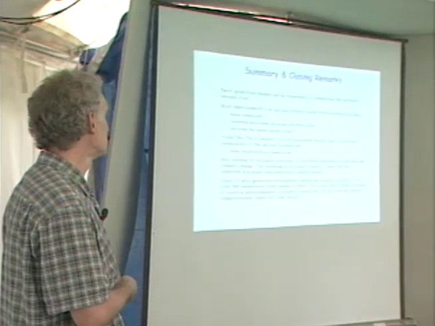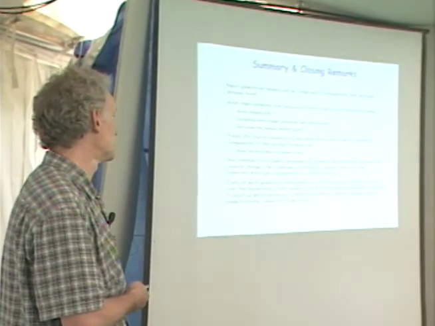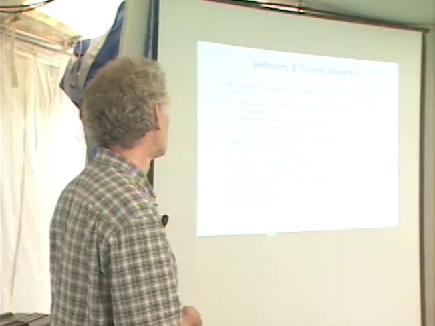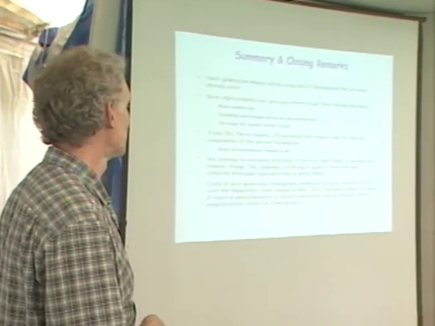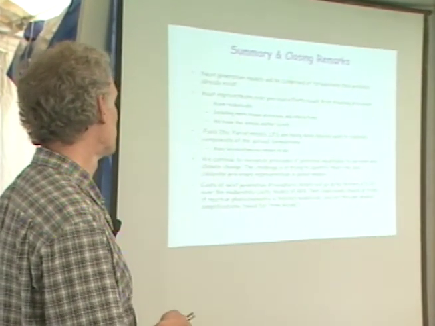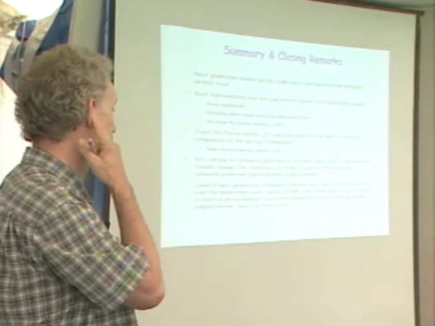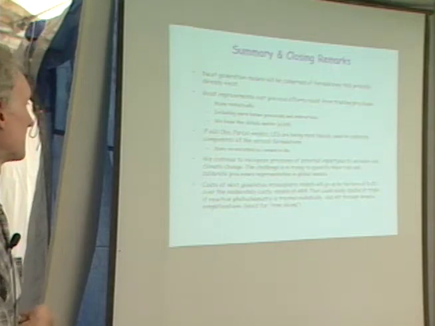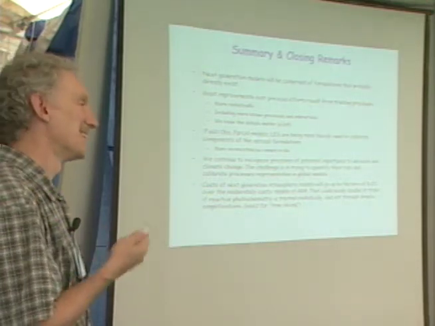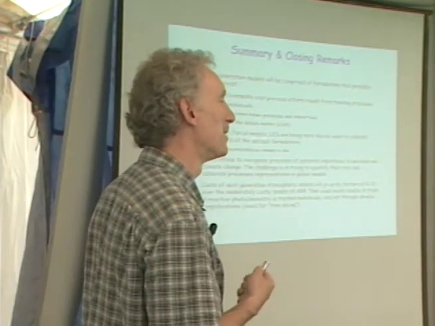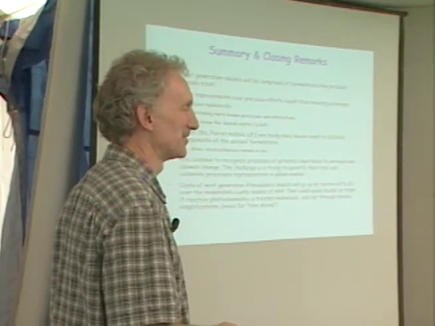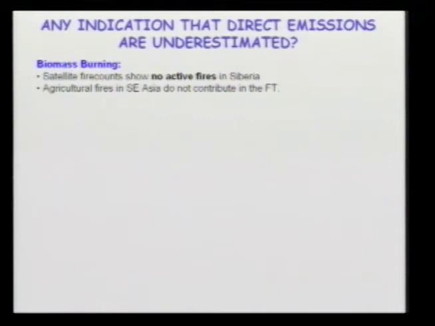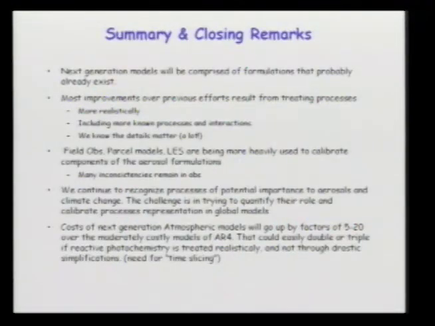And it's very easy to envision the cost of the next generation atmospheric models going up by factors of 5 to 20 over the models that were used, what I'm terming moderately costly models, of the fourth assessment. And who knows how expensive it'll get if we include our best shot at reactive photochemistry. We can hear about that from Guy, and that's the end. We don't need that one. So I'll close.